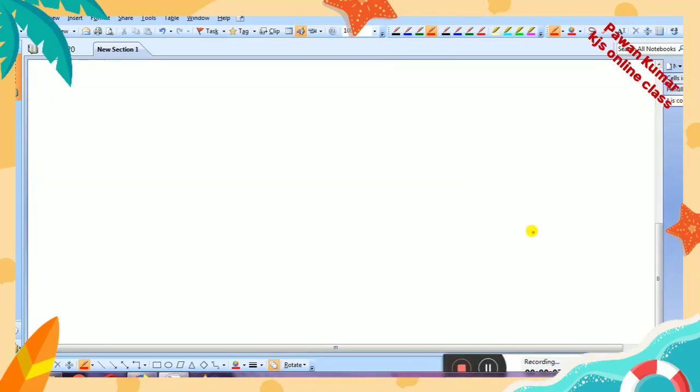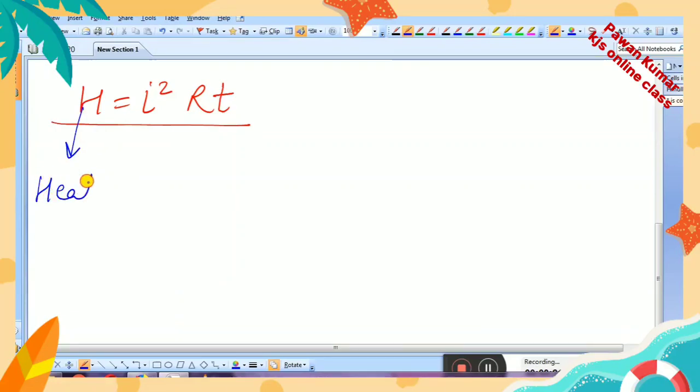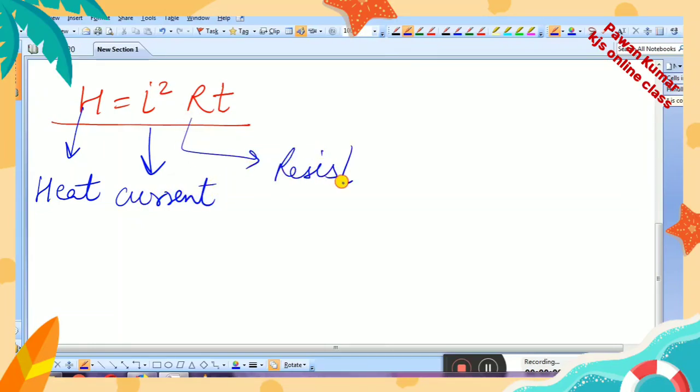After this there is a formula for the heat produced in any conductor, and that formula is H equals I square RT. What is this H? H is the heat produced. I is the current flowing in the conductor. R is the resistance of the conductor.